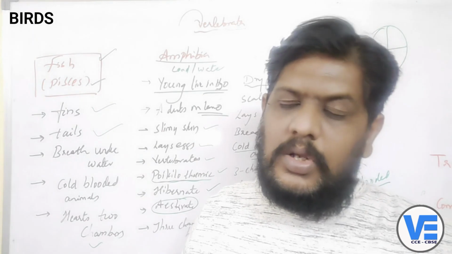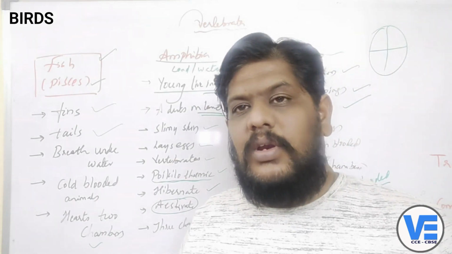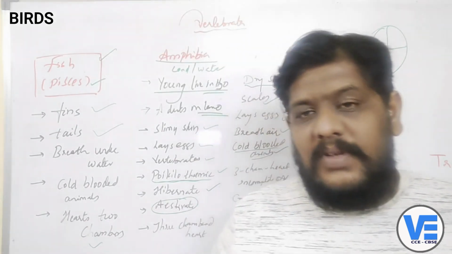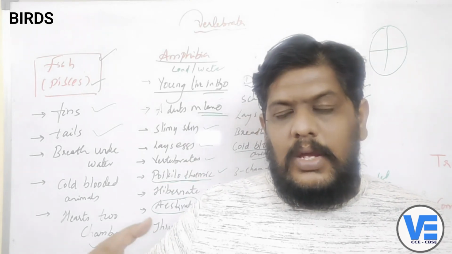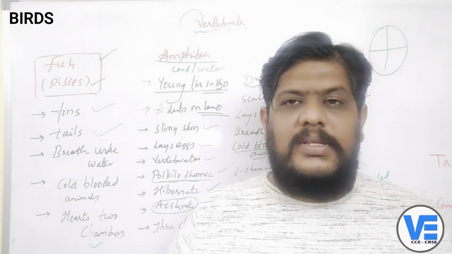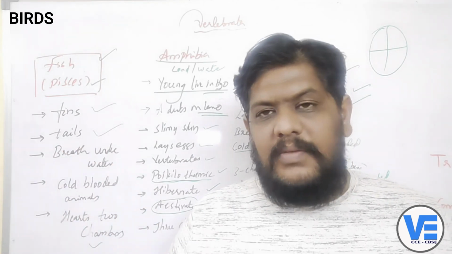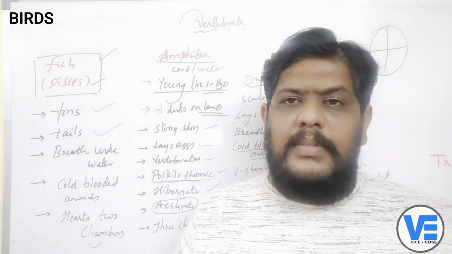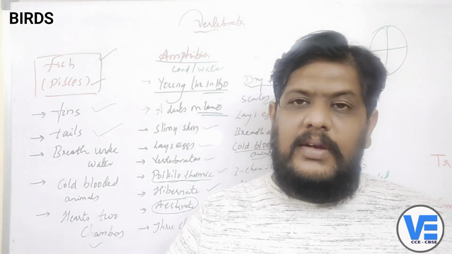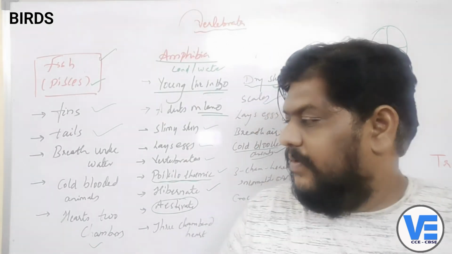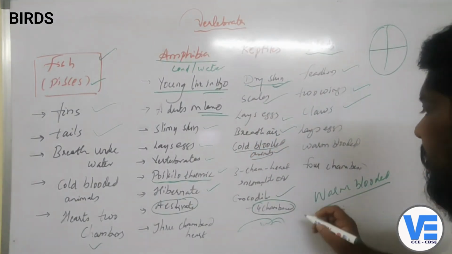If it is winter, they can also maintain the temperature according to the winter season. Now, as human beings, are we cold-blooded or warm-blooded animals? We are absolutely warm-blooded animals because we can adjust our temperature according to the environment we live in. So that is how we are a bit different.